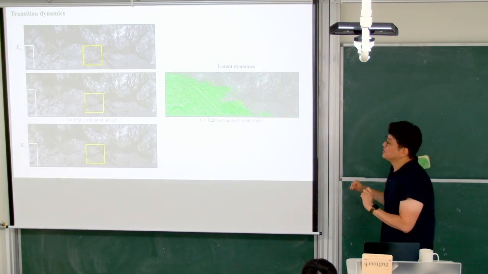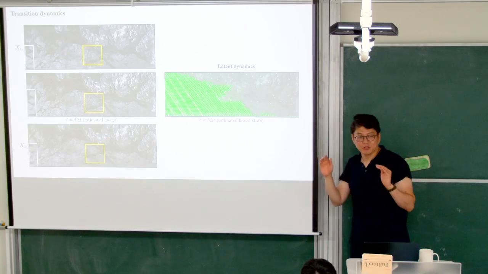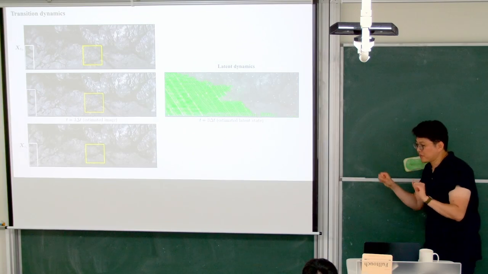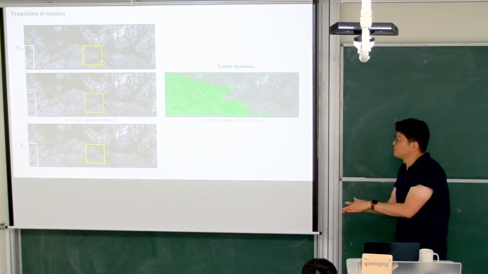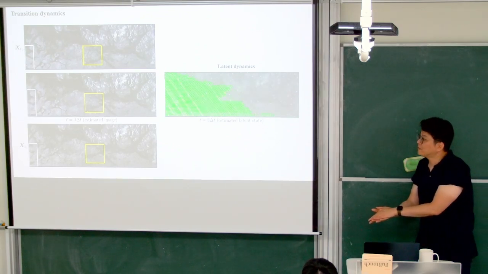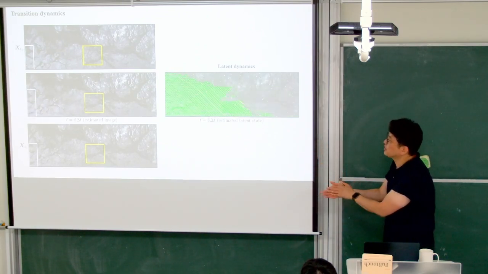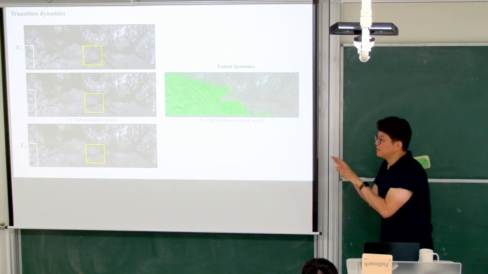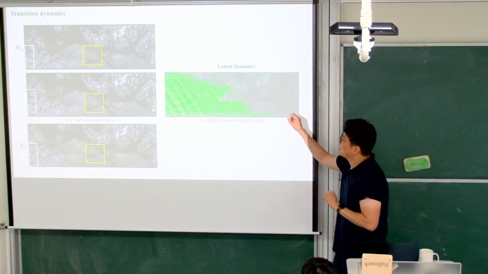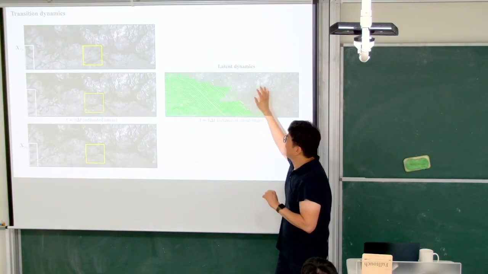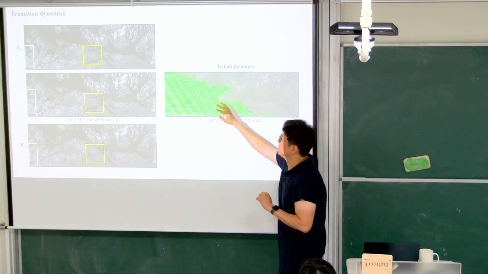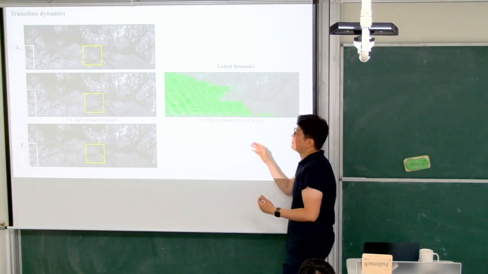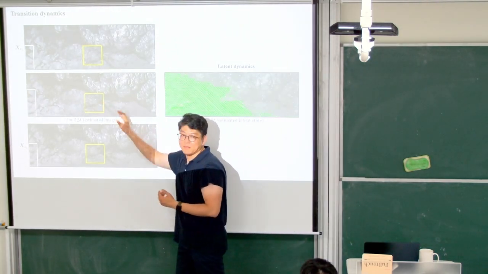I forgot to mention that typically in machine learning frameworks, we call the latent space a lower dimensional representation of data. But in this method, we consider the latent space to be the same as the original image space. The reason is that once we have a result from the latent dynamics, we have a vector field. Using this vector field, we infer the original dynamics in the image.